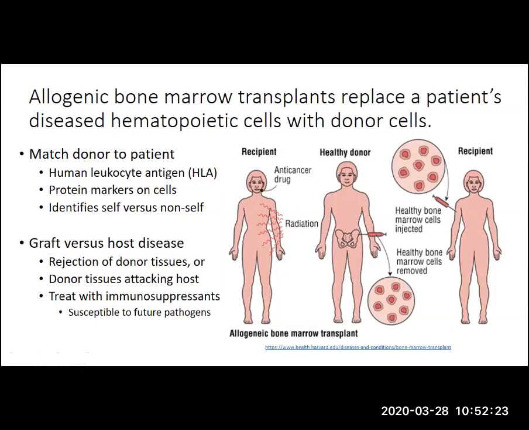So the idea when you do some type of cell transplant or organ transplant is that you want to match these HLA antigens from the donor to the recipient as well as possible to minimize what would be graft versus host disease. Now in graft versus host disease, we're going to end up with rejection of the donor tissue.